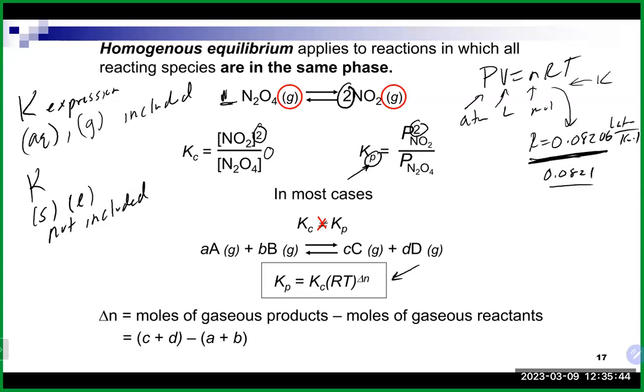T is our temperature in Kelvin. Kp is our equilibrium constant for pressure, and Kc is our equilibrium constant for concentration. Delta n is the change in the number of moles of gas that are present, and that is our products minus our reactants.